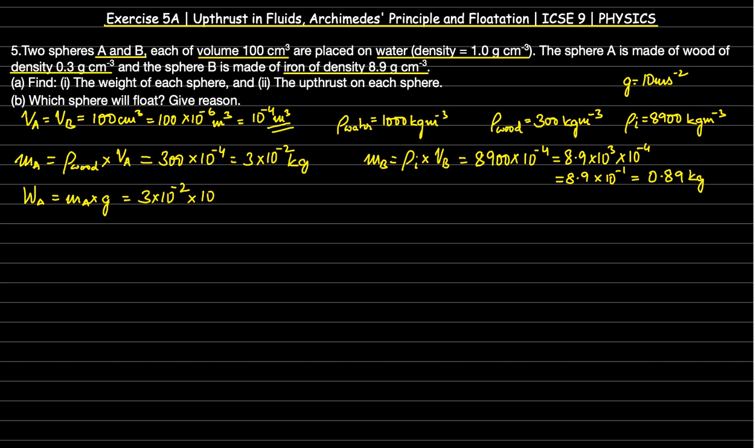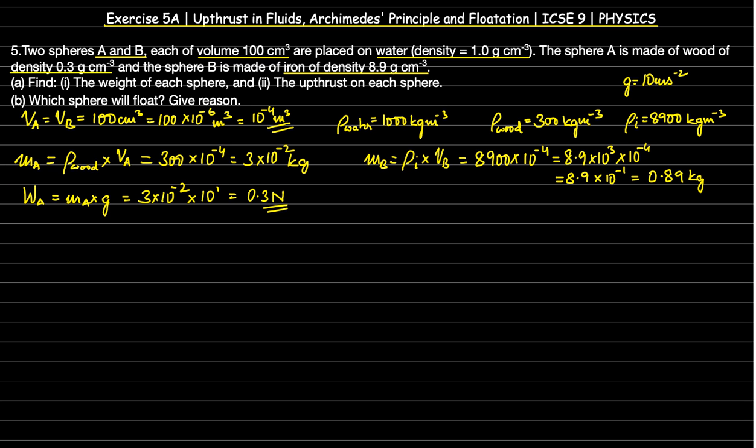So 10 to the power of minus 2 and 10 can be written as 10 to the power of plus 1. Minus 2 plus 1 gives us minus 1. 3 into 10 to the power of minus 1 is nothing but 0.3 newtons. So we have got weight of A as 0.3 newtons.